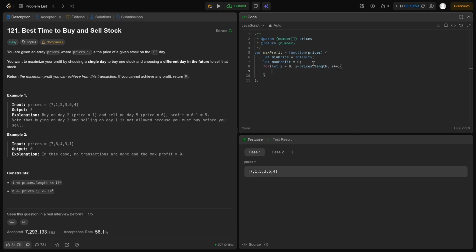If the previous minimum price is greater than the current element of the array, then we'll know that the current element is the minimum price. So we will assign it with that condition: if minimum price is obviously greater than prices of i, then we'll reassign minimum price to prices of i.